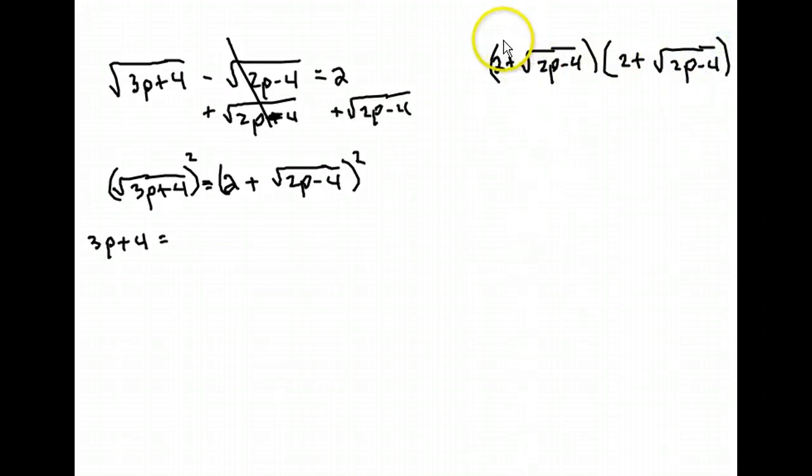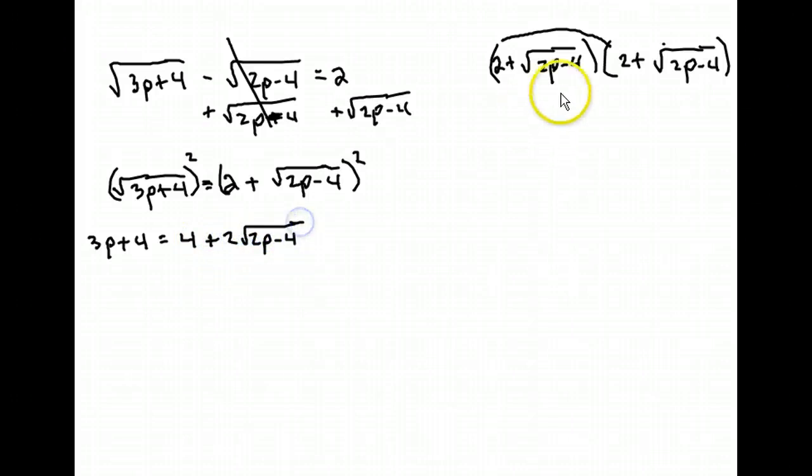So we've got to do the double bunny hop. 2 times 2 will give us 4. Then 2 times the square root of 2p minus 4 will give us 2 times the square root of 2p minus 4. And then the square root of 2p minus 4 times 2 will give us 2 times the square root of 2p minus 4.